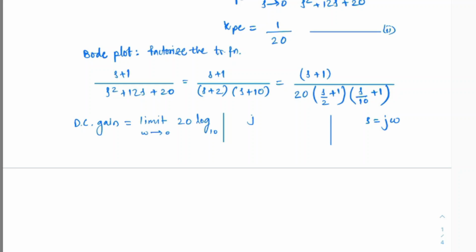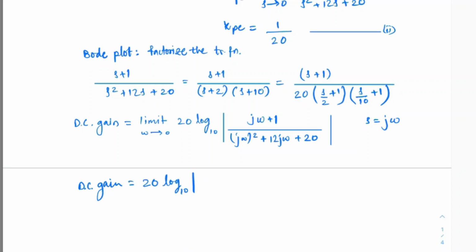So it will be j omega plus 1 in the numerator and j omega square plus 12 j omega plus 20 in the denominator. When you apply the limit, it would be 20 log base 10 of 1 over 20. So this comes out to be minus 26 decibels.